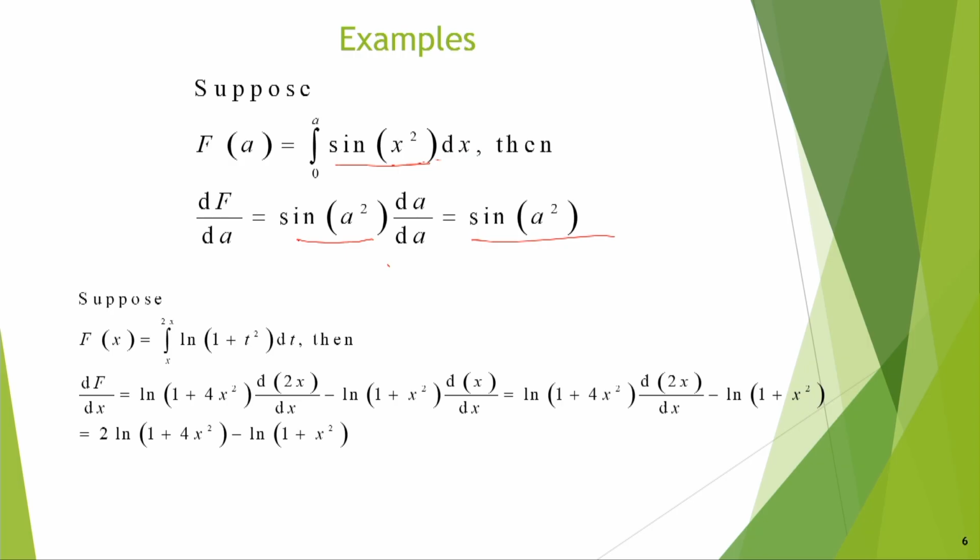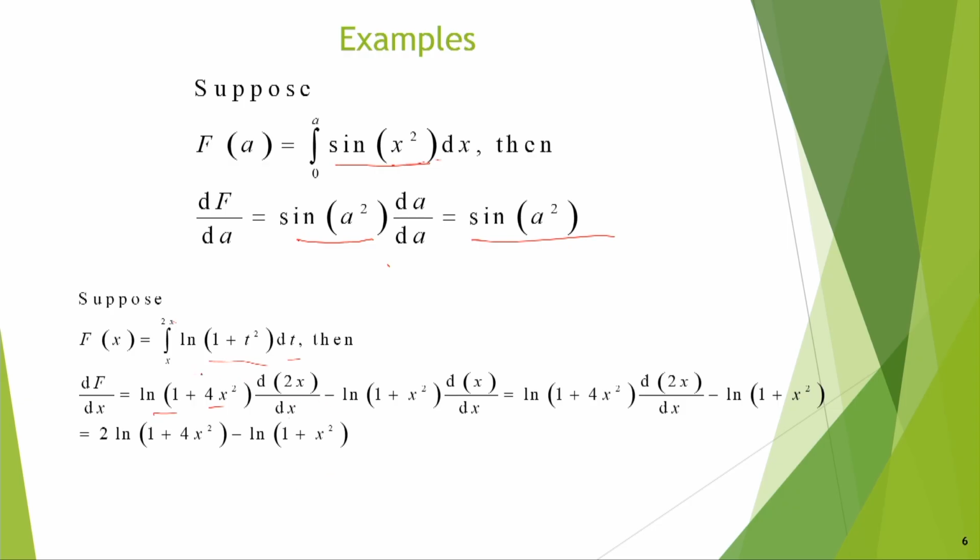Okay. Then suppose another example, f(x) is equal to the integral from x to 2x of ln(1 plus t square) dt. Here also f is a function of x. Then df/dx is ln(1 plus t square), the same function, but I put the value 2x instead of t, that means the upper limit. So, ln(1 plus 4x square), and then d(2x)/dx, because the upper limit is 2x.